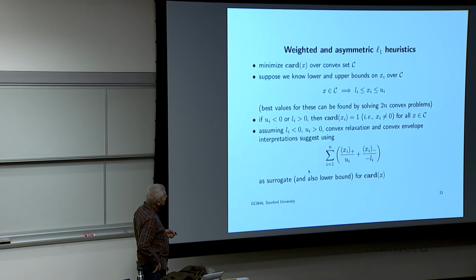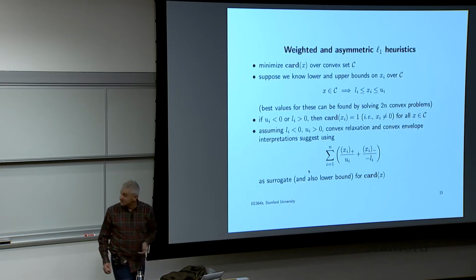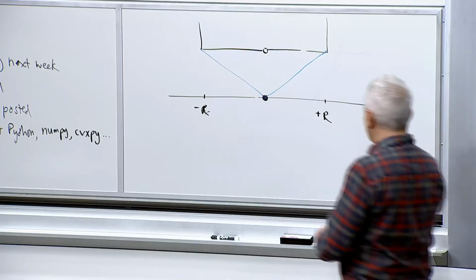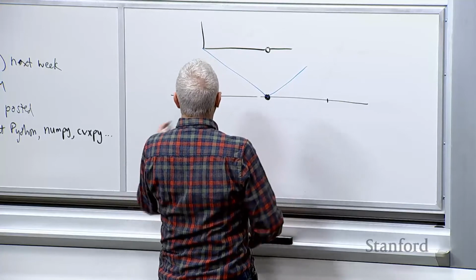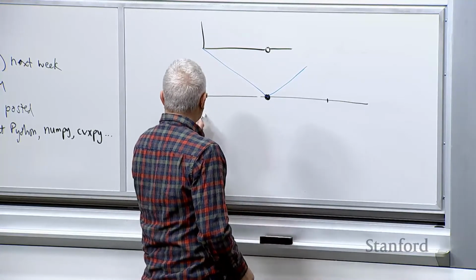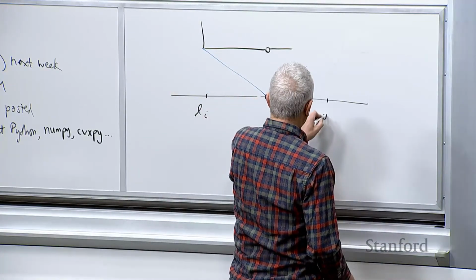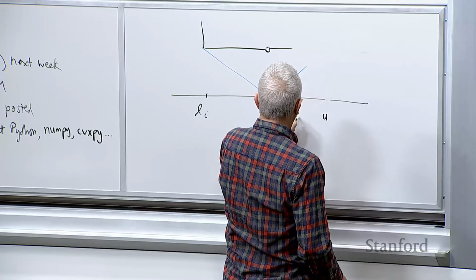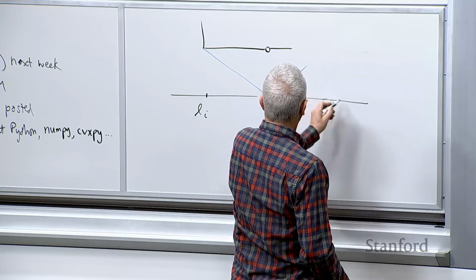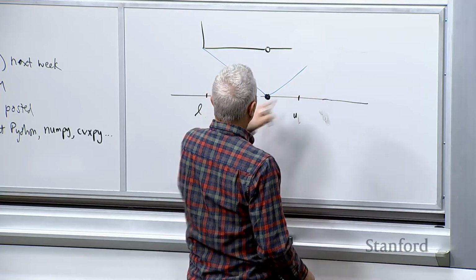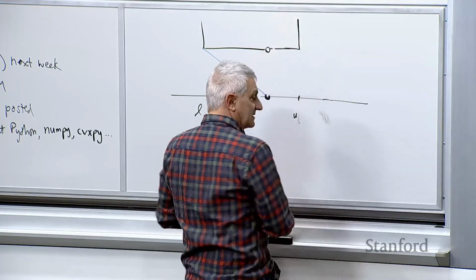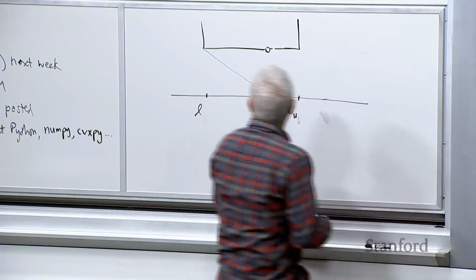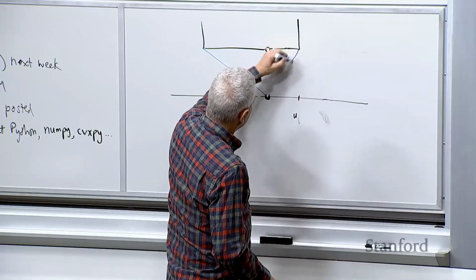What you get though is something really cool. You get a function that is just what you think it is. I'll just draw the picture over here. Suppose this is between Li or something, and then this is Ui. I'll make it asymmetric. There's Ui, I'll just call it U. It doesn't matter. Then this is kind of clear, but your convex envelope looks like this, right?